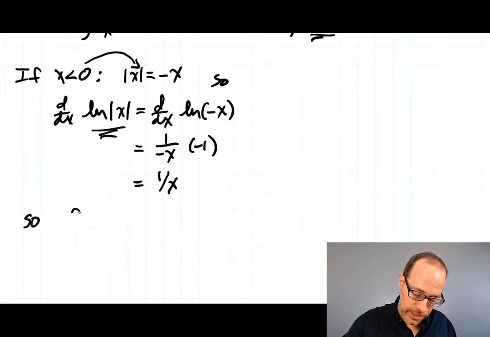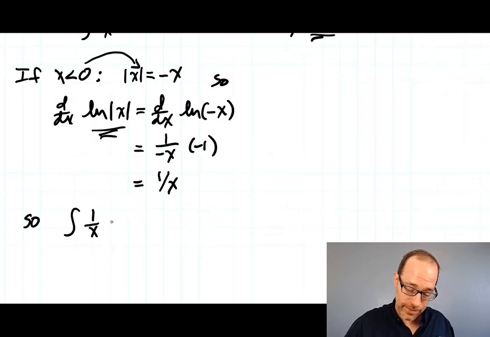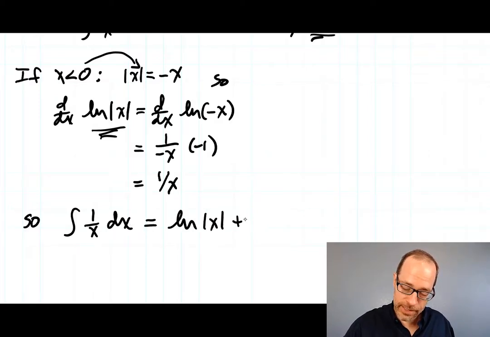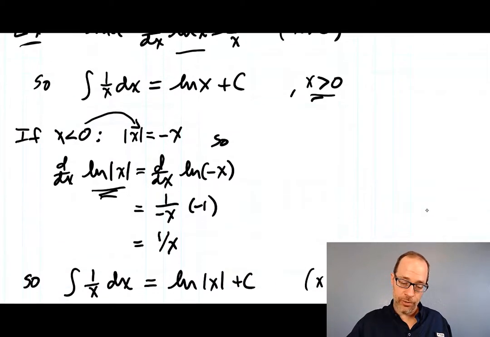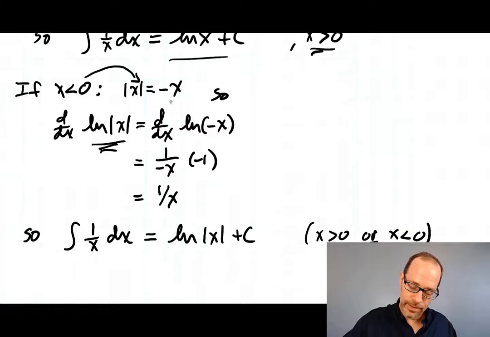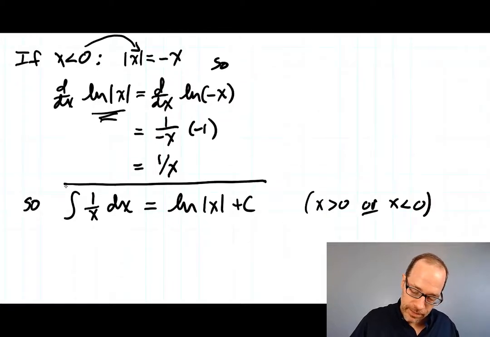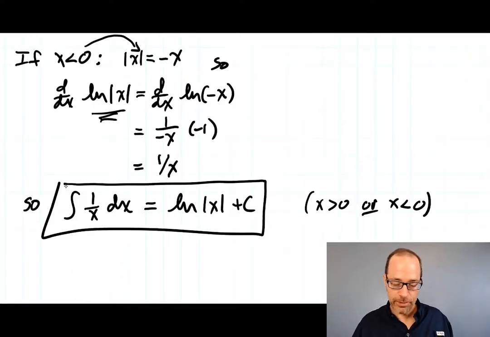If you ever want to find an indefinite integral of 1 over x, the general answer is log of absolute value of x plus a constant. And this works either for x bigger than 0 or x less than 0. If x is bigger than 0, you can go back to that original formula we had up here. Anyway, that's another example of an indefinite integral. All right, see ya.